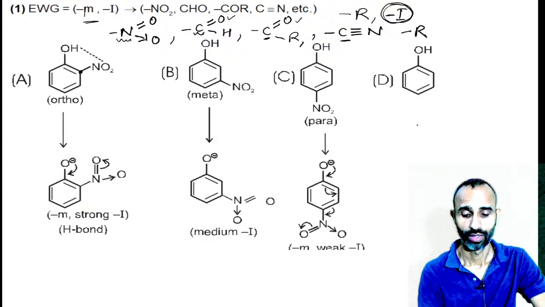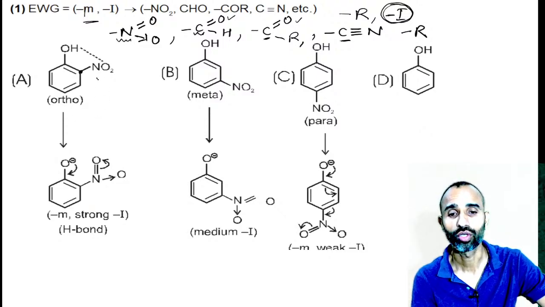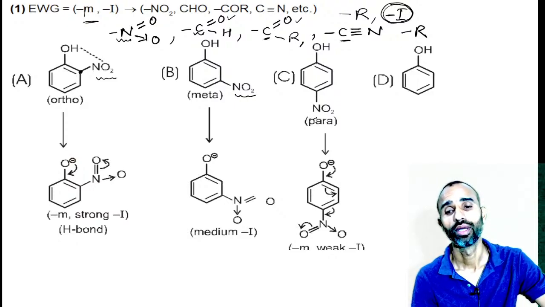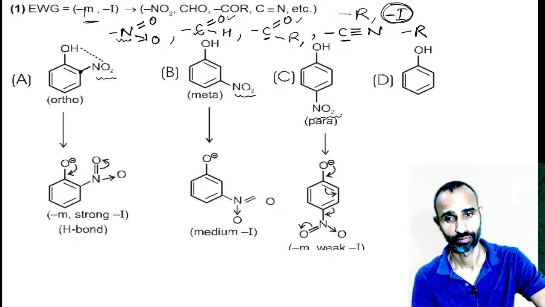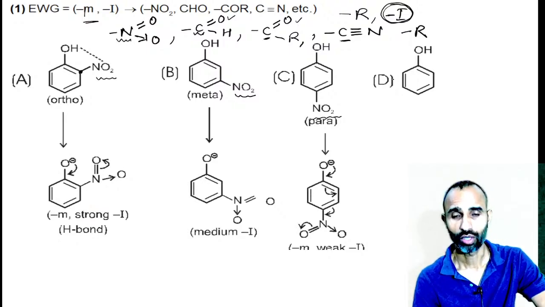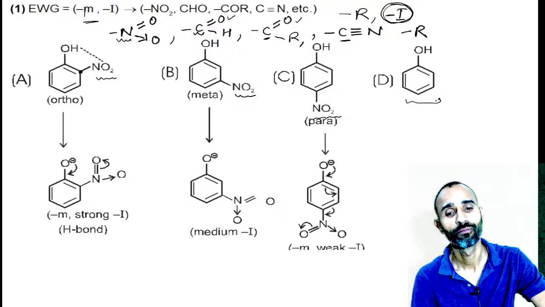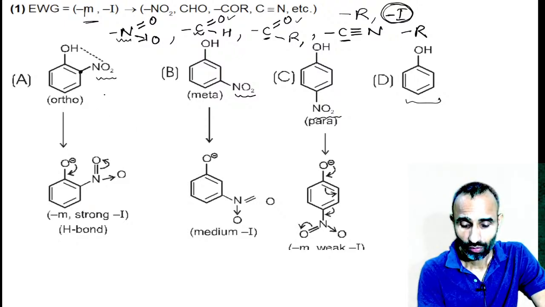Now there is an NO2 group at the ortho position of phenol, meta position, and para position. So obviously A, B and C, all the three, should be more acidic than phenol itself. In case of ortho, there is minus I as well as minus M effect.